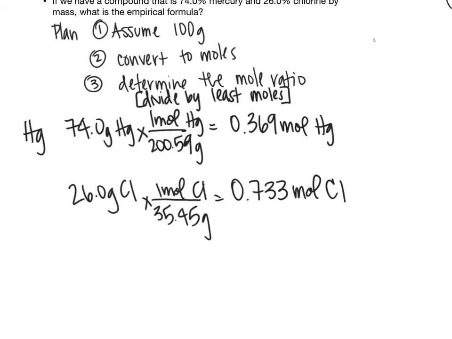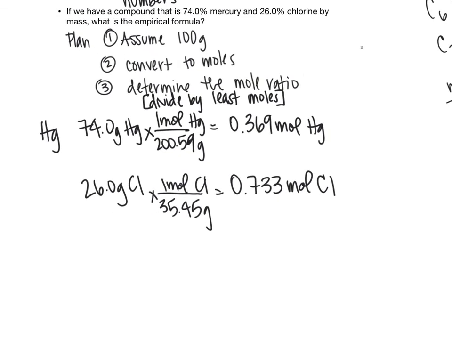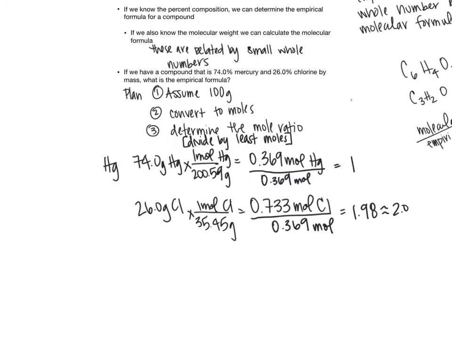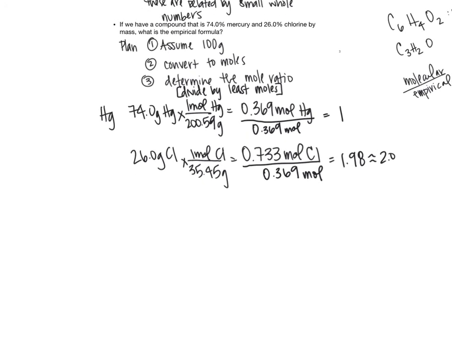So what we're going to do is divide both of these by the quantity with the least number of moles, which would be the moles of mercury, 0.369 moles. So this equals 1, and this equals 1.98, which is approximately equal to 2.0. So our empirical formula is HgCl2.